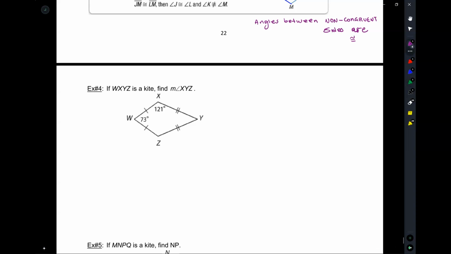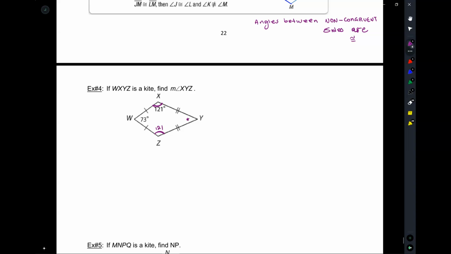WXYZ is a kite. We need to find the measure of XYZ. We need to find the measure of this one. Okay, fine. So now, I know that 121, that's between the two sides that are not congruent, is congruent to this one, Z, 121. Okay, that one is angle Y. Okay, but this is a quadrilateral.